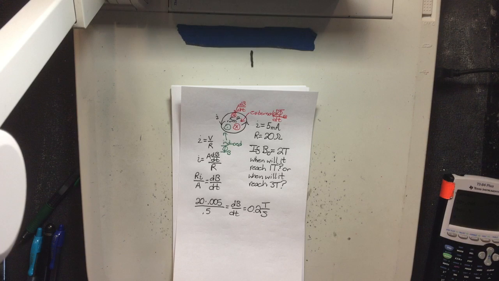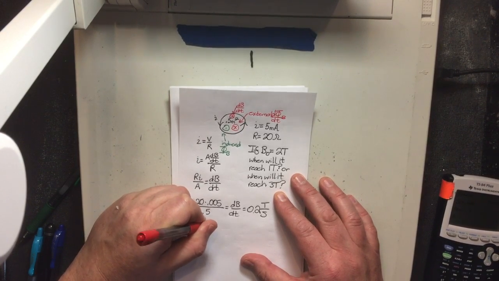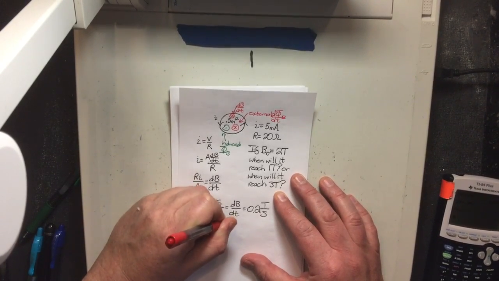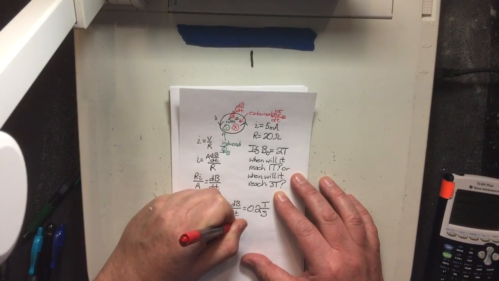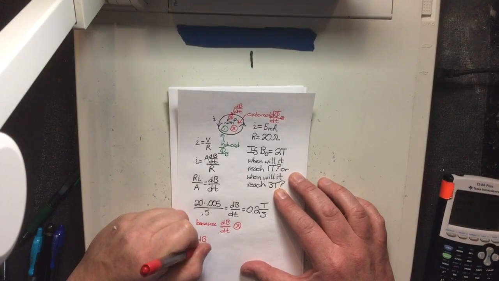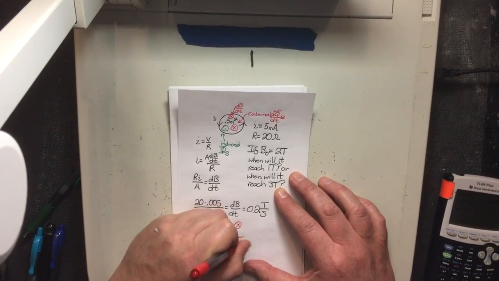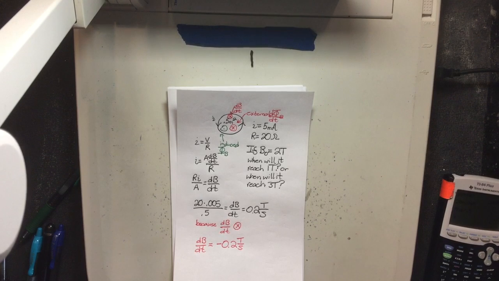So if the external change in flux is in for this particular setup, the change in the B field also has to be in, which means that because of this, the real value of dB dt is negative 0.2 Tesla per second. So it will not reach 3 Tesla.